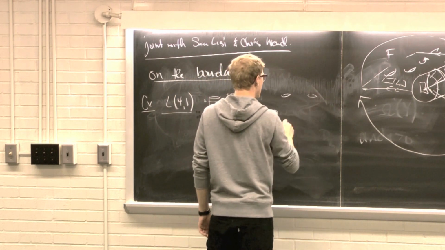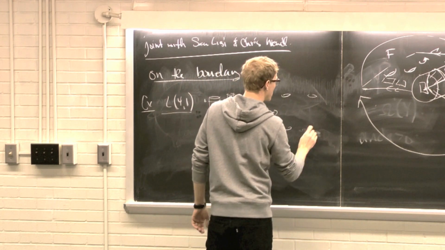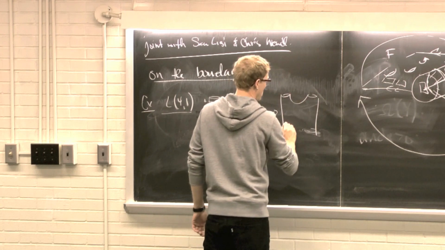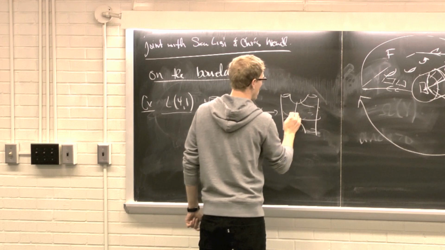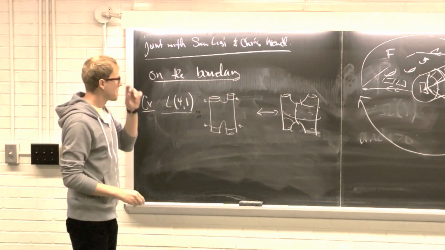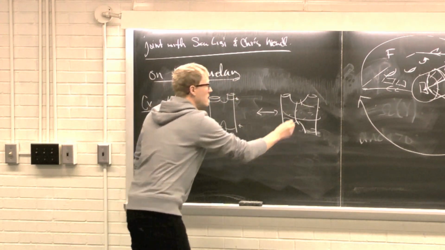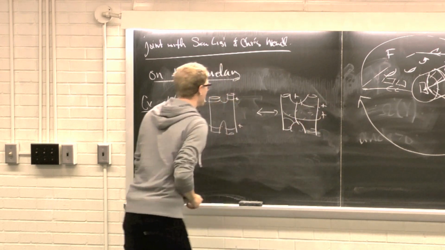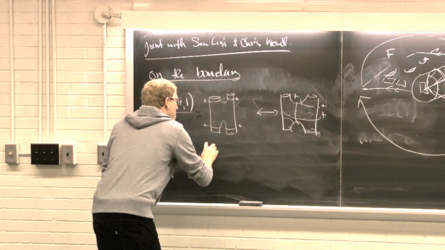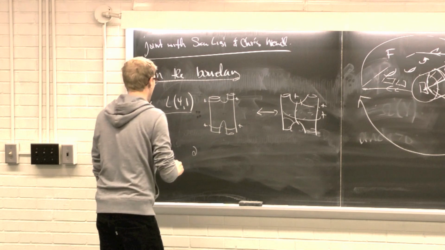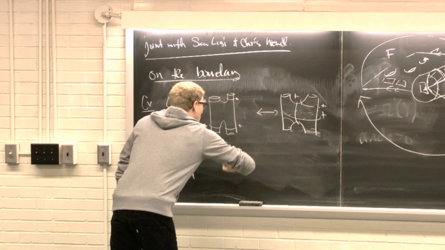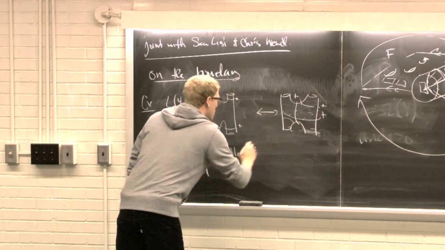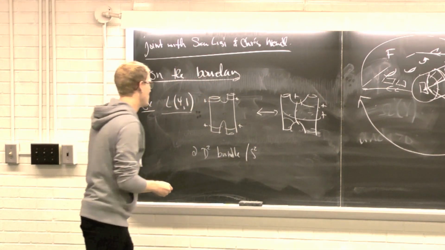You can write this, by the lantern relation, as a product of three Dehn twists. Here, and I'm going to go sideways and run around back. If I describe it in this way, where I've got these three Dehn twists, this is the boundary of the disk bundle over S2 with Euler number -4.